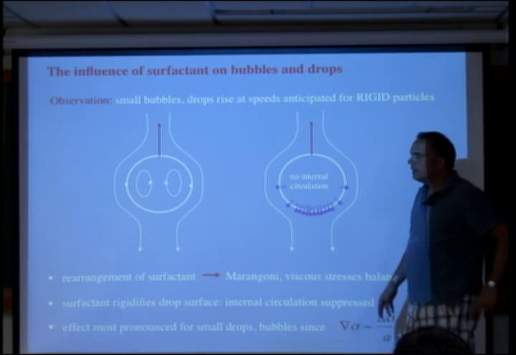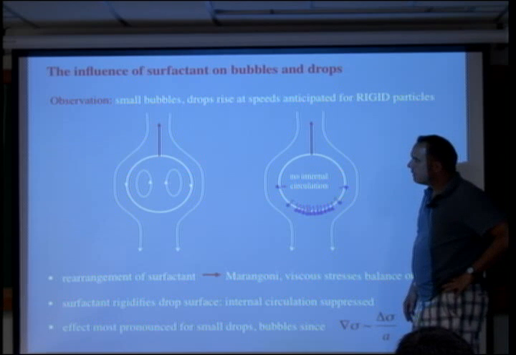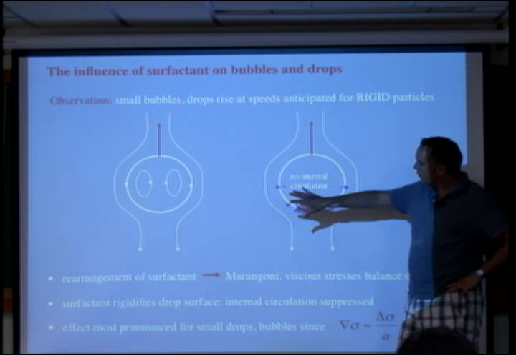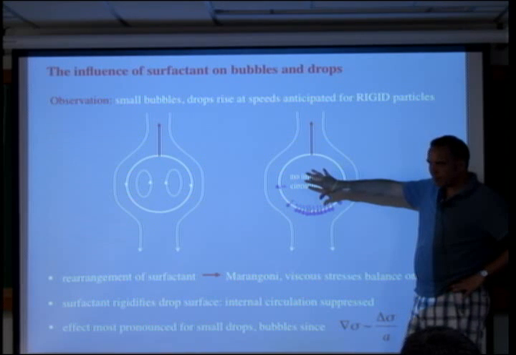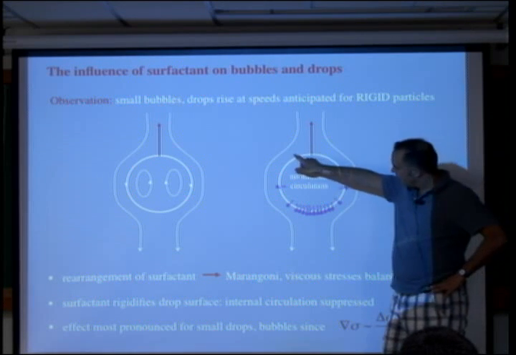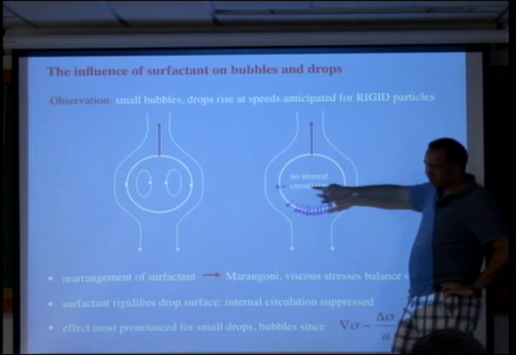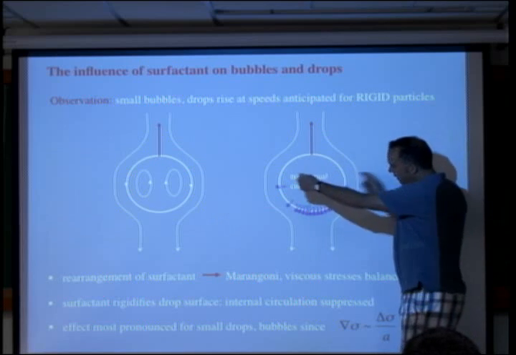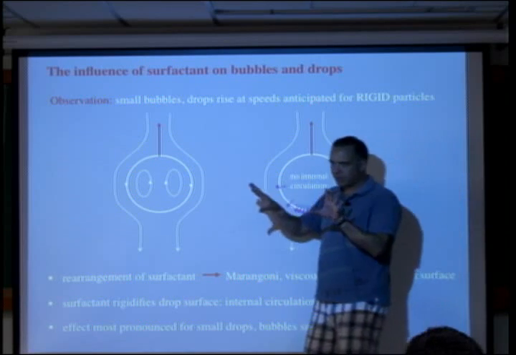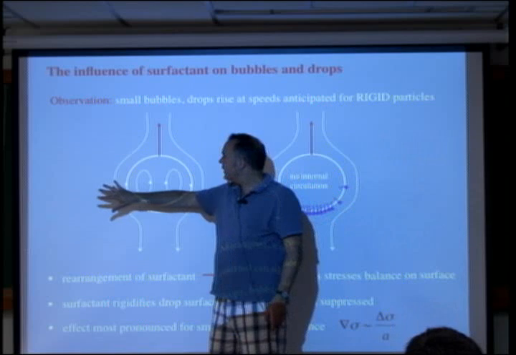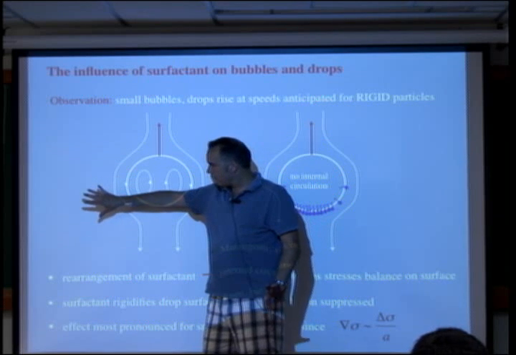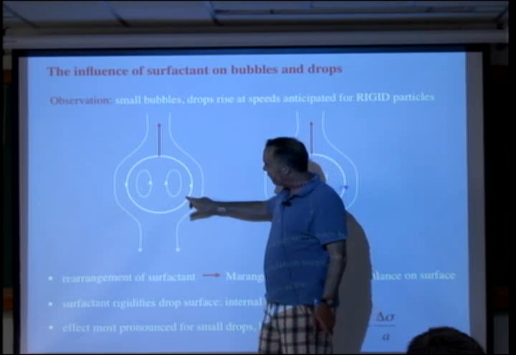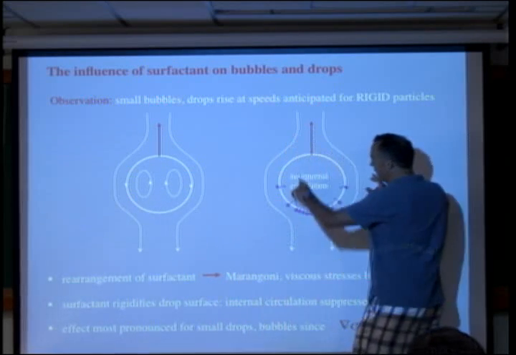And this came up first in studies of bubble motion. When bubbles are small, they move at a speed which you would anticipate if they had a rigid surface rather than a free surface. This is because the surfactants, which like to be on the surface, are present in basically any fluid unless it's super clean, and they migrate towards the surface.